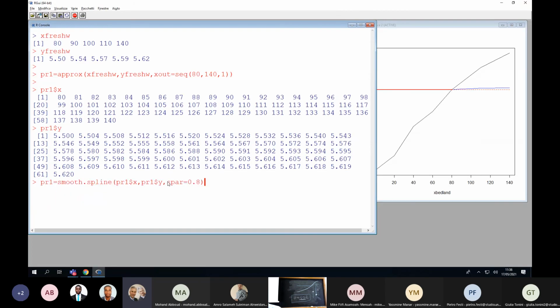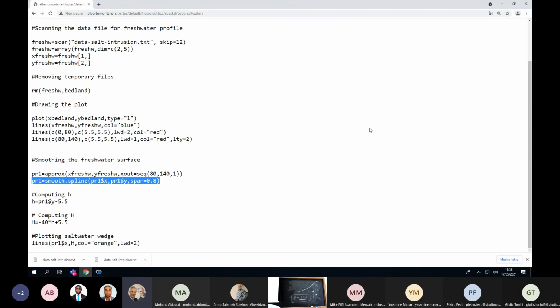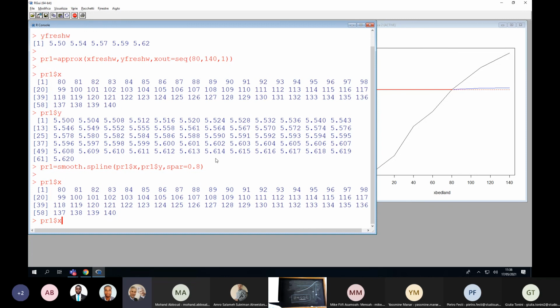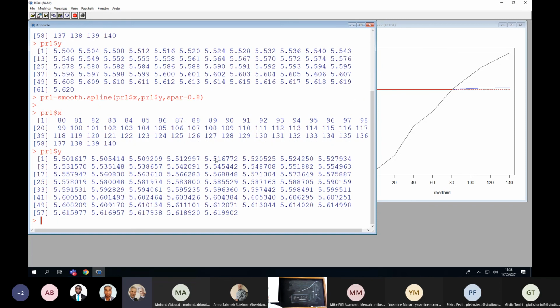And through the smoothing, what I get is new coordinates for x and y. This is x and this is y. And the new coordinates are smoothed, made more regular.